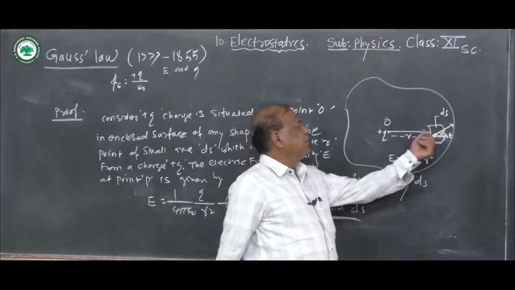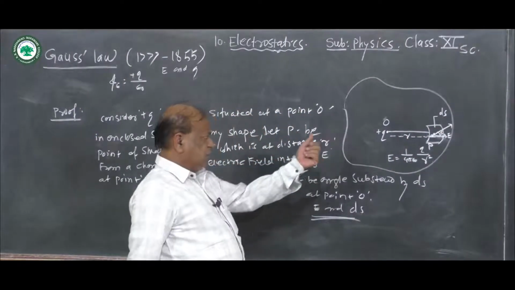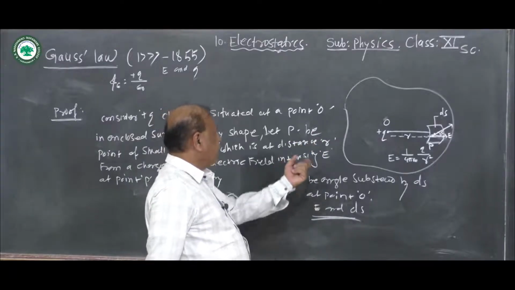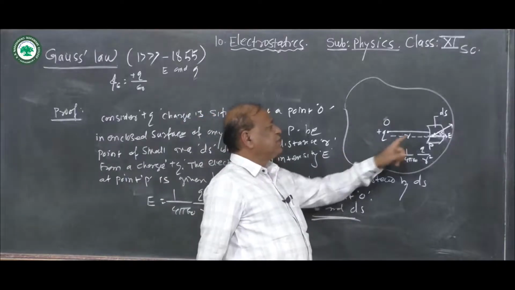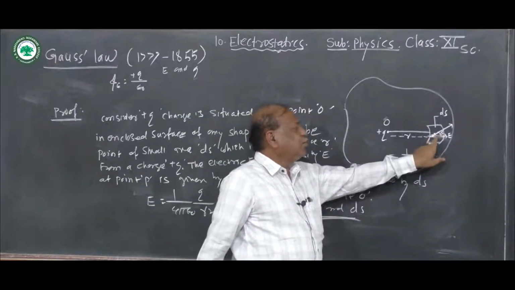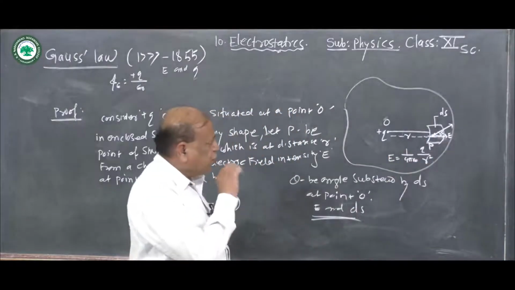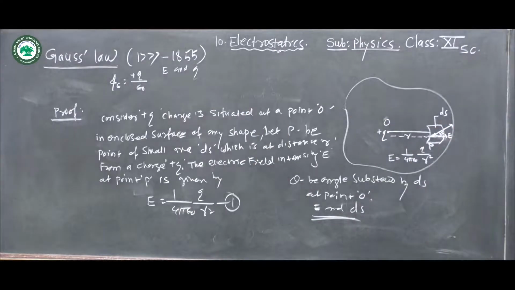This area ds makes an angle theta with the direction of electric field E. Already we saw what the electric flux is.